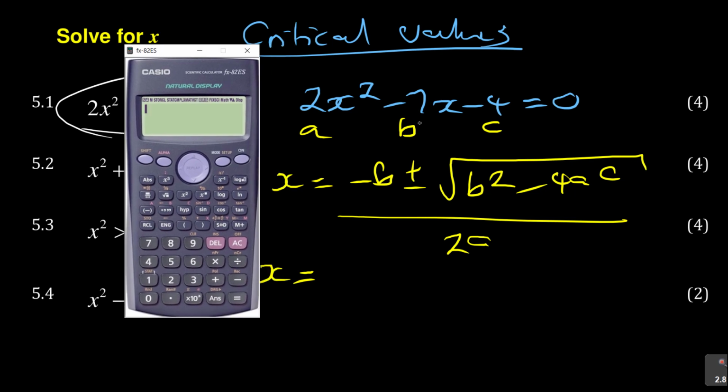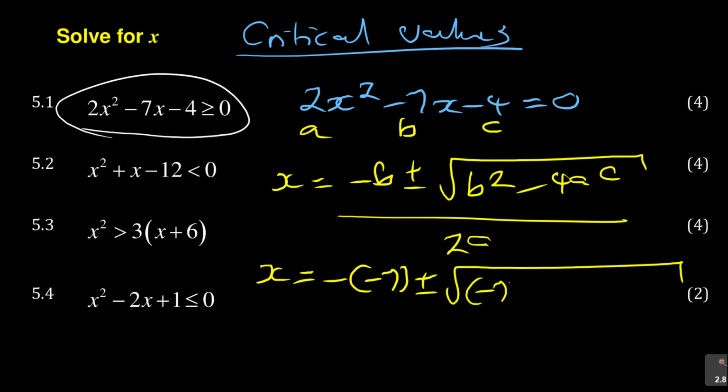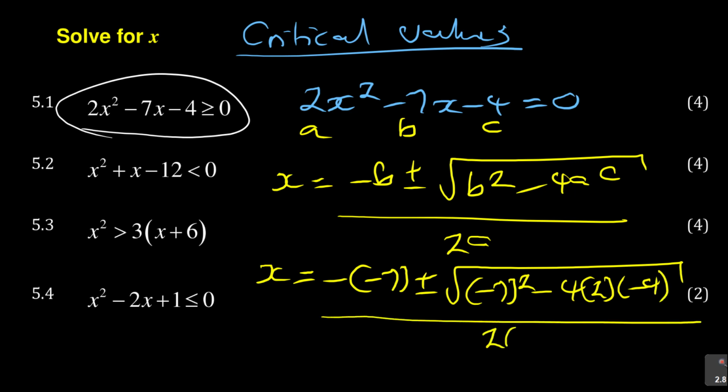What is my b? b is negative 7. So this is minus bracket negative 7, but try it yourself also, negative 7 squared, minus 4a is 2, c is negative 4, all over 2a which is 2.